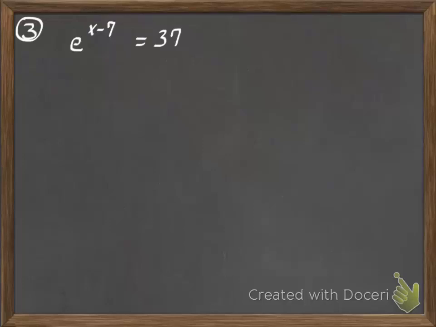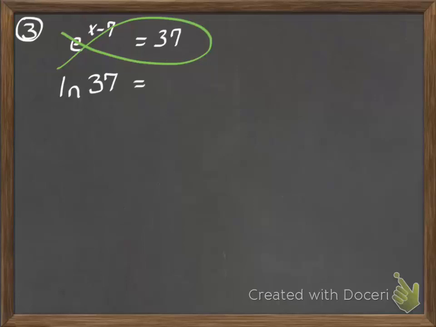That's the ln. So when we fish this one, we're going to end up with an ln because that's log base e. So we're going to fish it again. So log base e is natural log of 37 equals x minus 7.